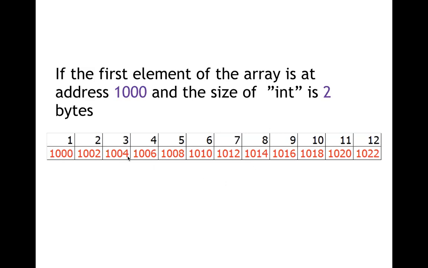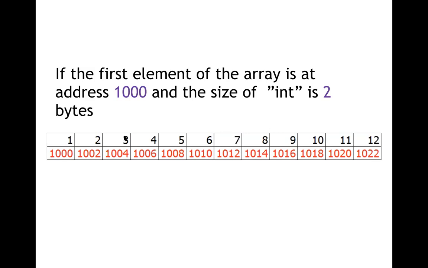In that case, this is how my memory will be: first row, then the second row, then the third row. Arrays are stored continuously in memory. If the starting address is 1000 and the integer occupies 2 bytes, in location 1002 the second element will be stored, at 1004 the third element will be stored, and so on.